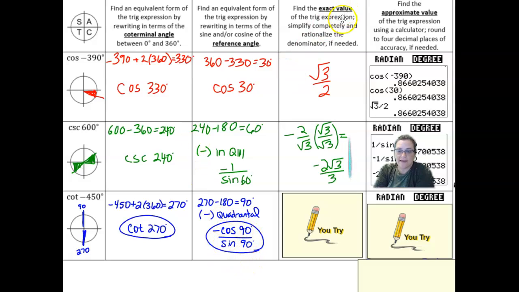Okay, then to find the exact value of that trig expression, we need the coordinate at 270 or at 90, and that's 0, 1, and the 0 is the x and the 1 is the y. So when we divide -0 by 1, we get 0. So the cotangent of -450 degrees is equal to 0.